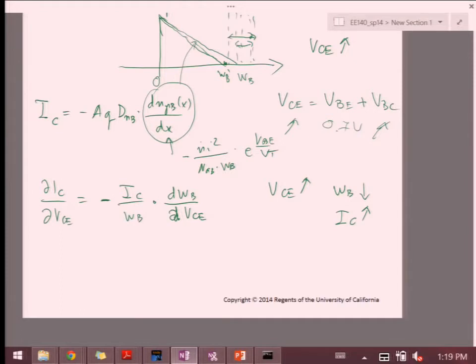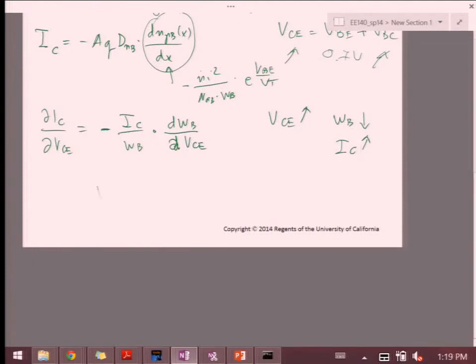So now, from this math, I can figure out exactly what I want, which is how I define this early voltage or the current curves. So what I'm going to say is that this early voltage is actually the intercept of IC and 0. So I have to take into account the slope, which is delta IC over VCE.